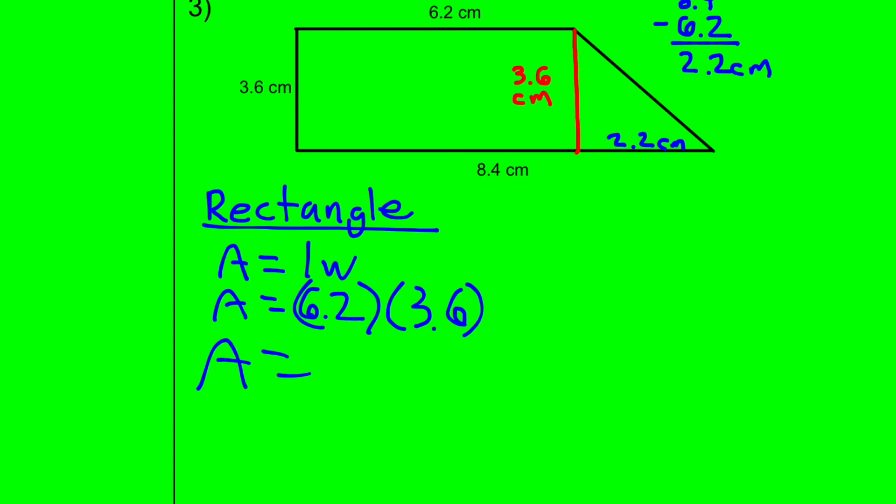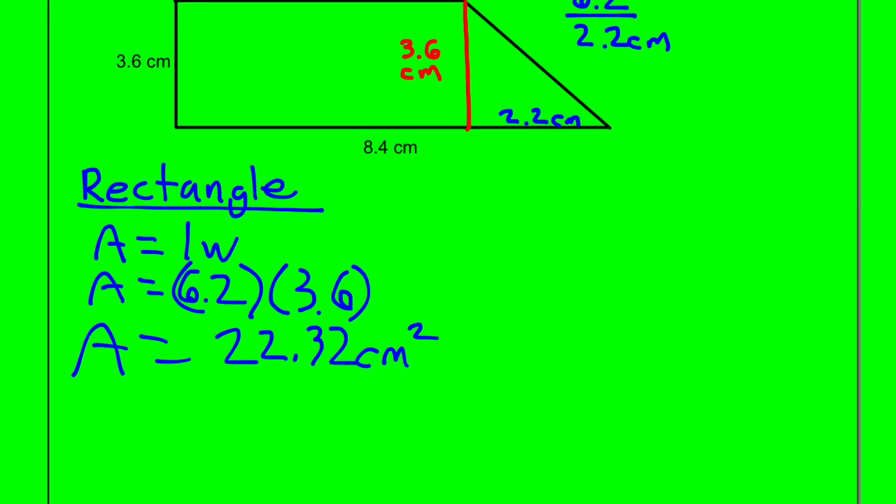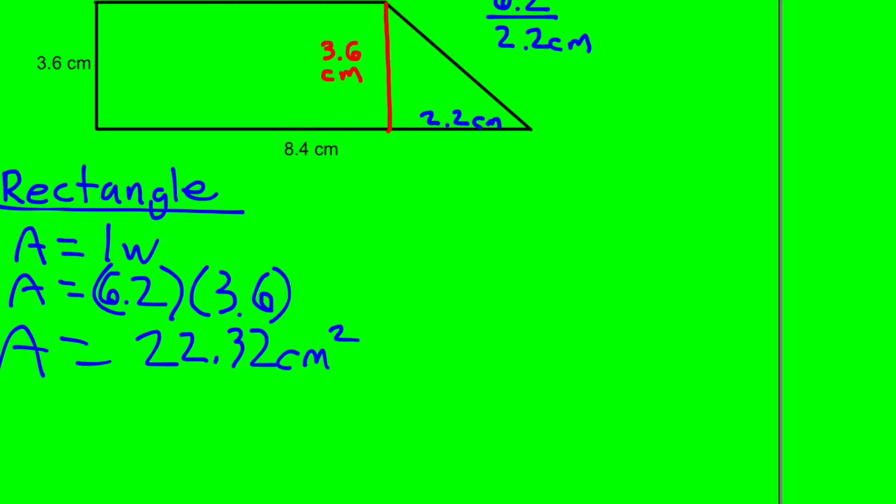I'm going to use technology for this one. So 6.2 times 3.6, and I get 22.32 centimeters squared for the rectangle part. Now for the triangle.